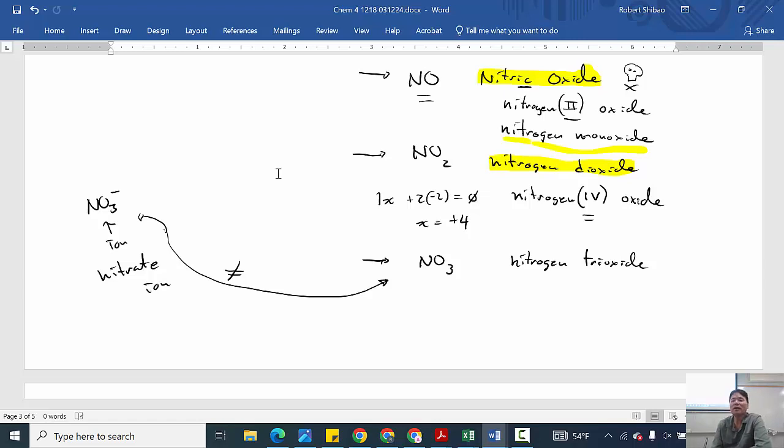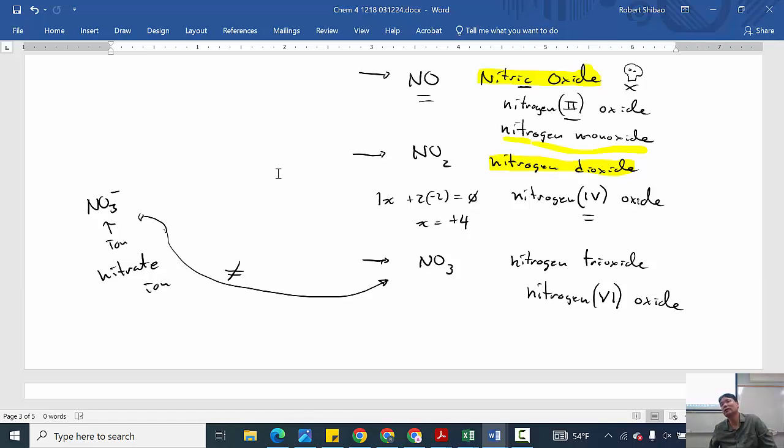And so give me another name for nitrogen trioxide. Nitrogen, Roman numeral 6, oxide. Okay, now we must be maxed out.